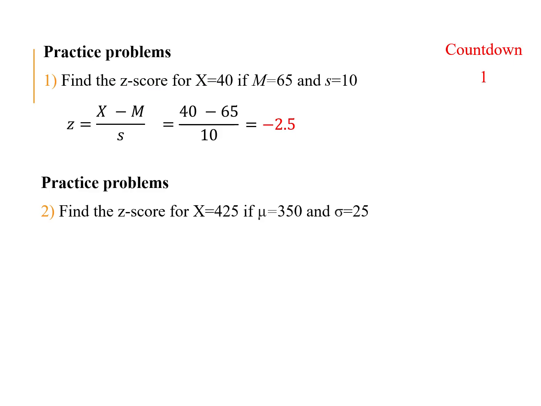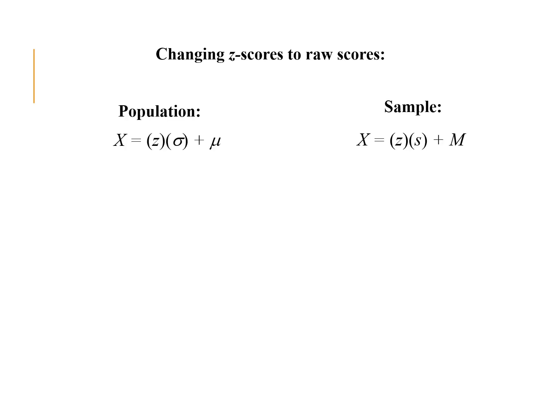For the second problem, we have a score of 425, a mean of 350, and a standard deviation of 25. Hopefully you've noticed that this is a population notation, so using that equation, we have 425 minus 350 divided by 25, and that gives us 3.